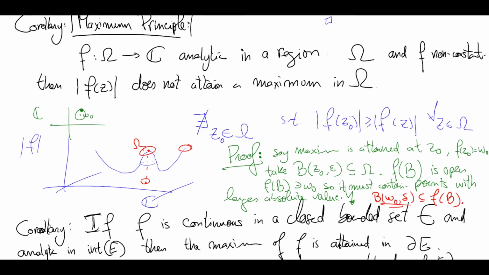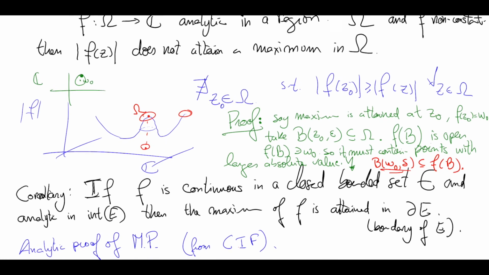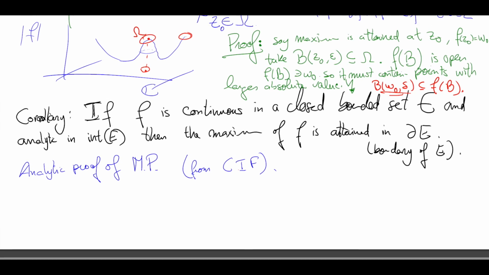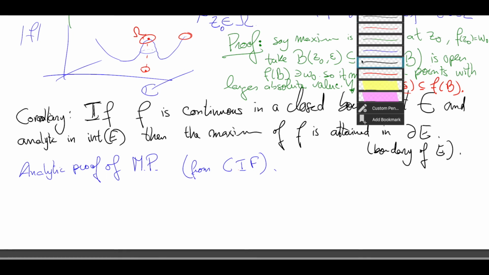So it follows immediately from topological properties of the map f, but actually one can give an analytic proof, which is also quite nice. I'm just going to show that z0 is not a maximum. You can think of it this way, or as a contradiction. Let me get the right pen.